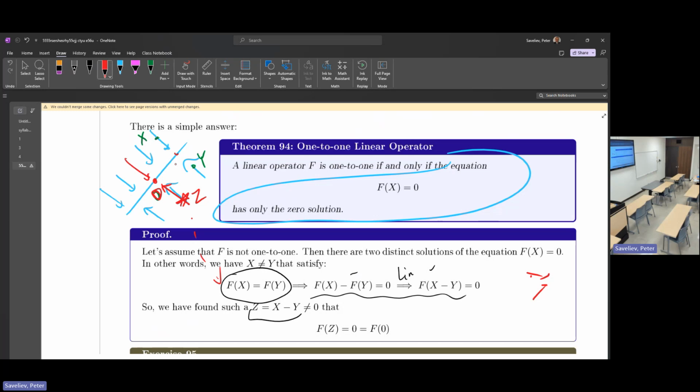Especially in the two-dimensional case, there's not much that can happen. If it's not one-to-one, either it is entirely the collapse, everything is 0, or it is a projection. So you just need to find that line on which everything collapses. In high dimension, there are more things that can happen. You can collapse on a line, but you can also collapse on a plane like this.